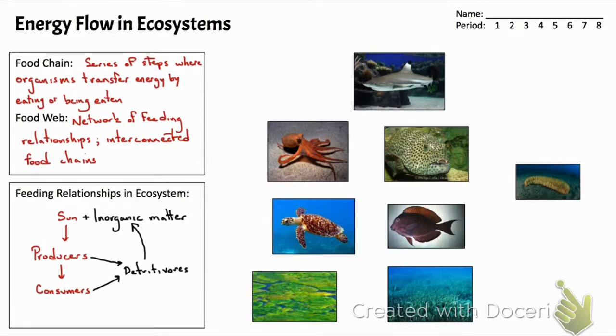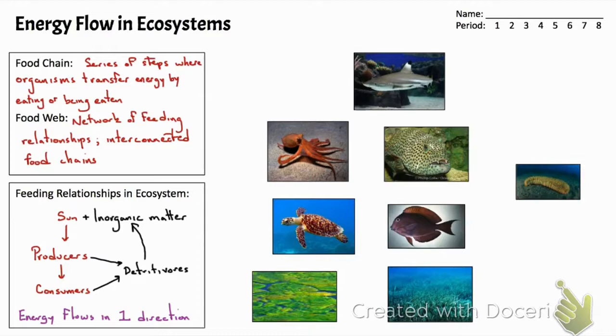This inorganic matter then provides at least the building blocks for producers to create more energy. And so you can see here that this is going to be somewhat cyclical. We oftentimes think about this as energy flowing in one direction, from sunlight to producers to consumers and ultimately to detritivores.